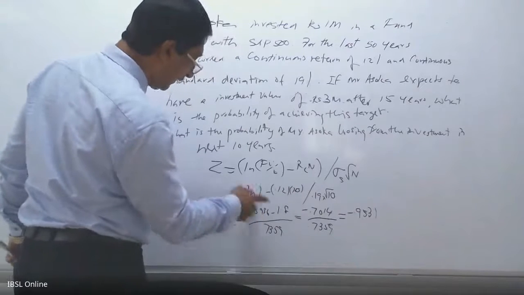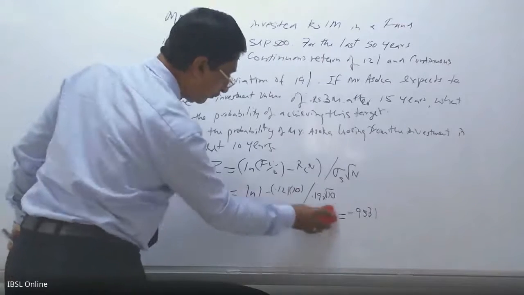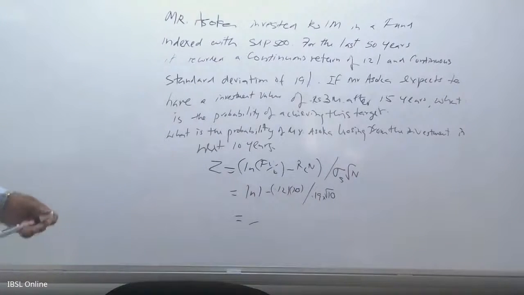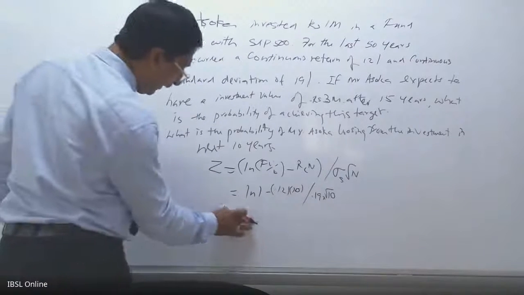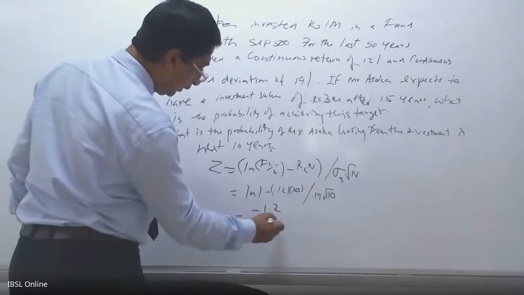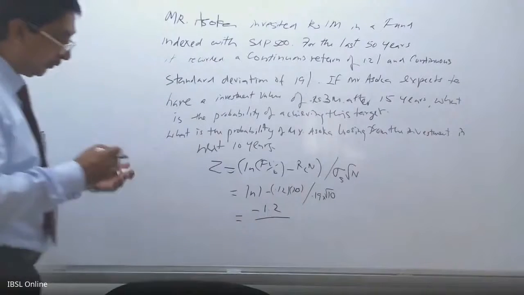Now, log 1 is 0. Then you have minus 0.12 into 10, that is 1.2. Minus 1.2 divided by 0.19 into square root of 10.